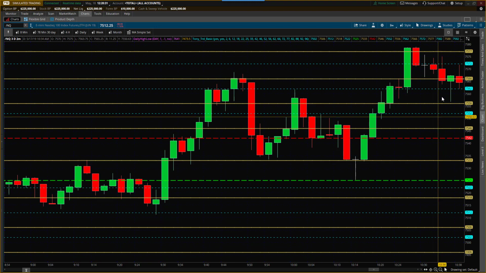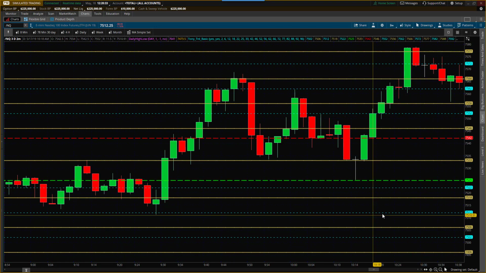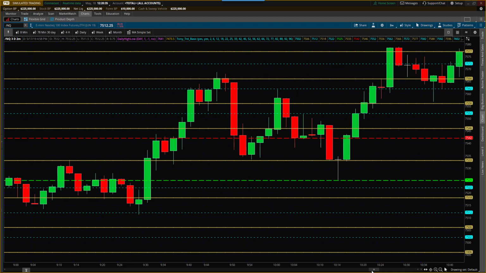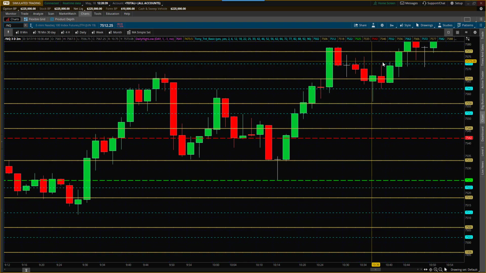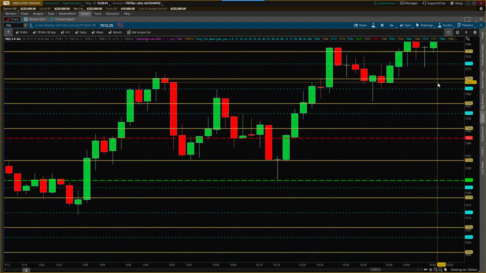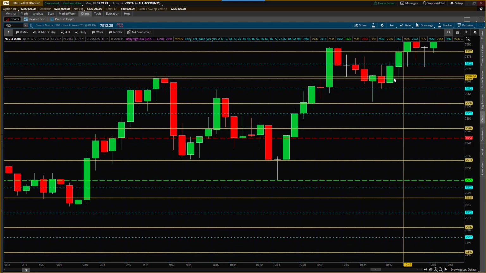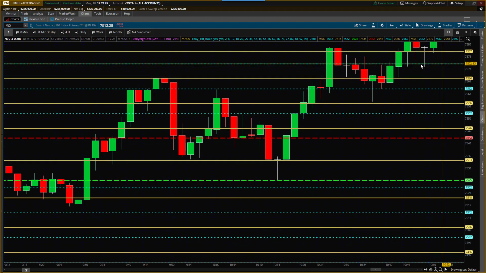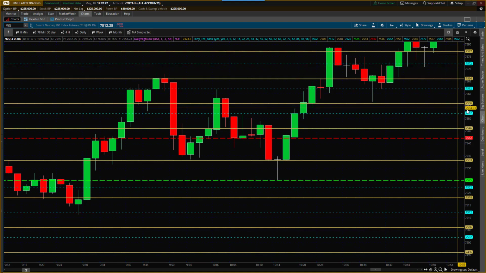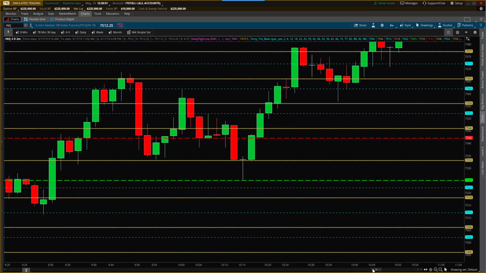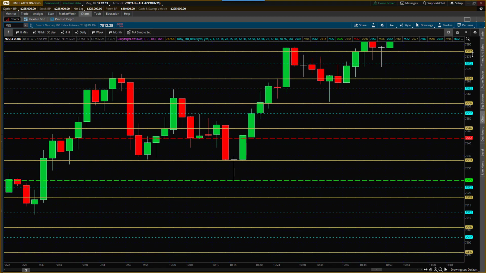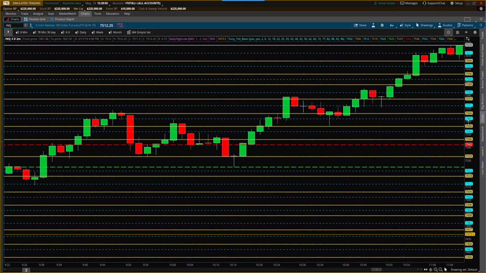So I had my order waiting to go long off of this price movement, and then I was in the trade. I took risk out here on the 72. I got in at the 66, took risk out at the 72, and then I left my runner on and ended up taking one heck of a ride on Friday.